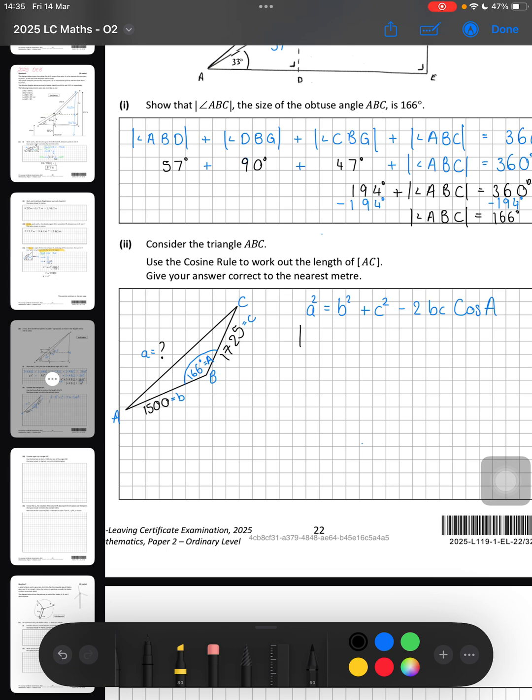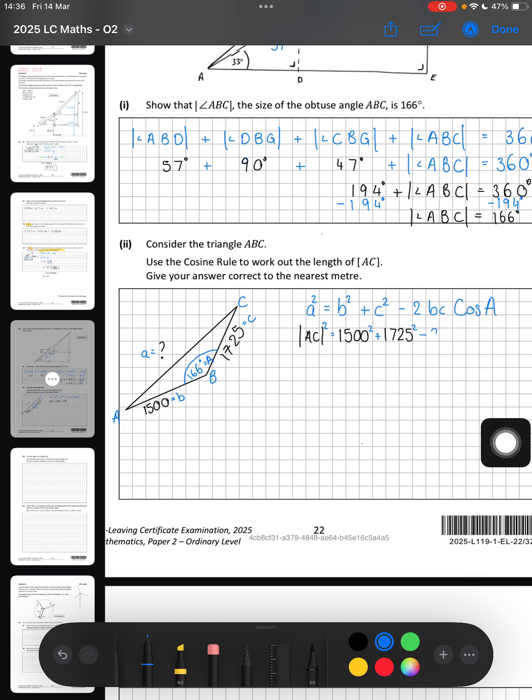So a squared, I don't know what a is, so I can leave it as a, or I can write the length from A to C, or I could call that side x, or fill in a question mark. And then for B, I am filling in 1,500. For C, I'm going to be filling in 1,725. Both of those are squared, just like they would be in the theorem of Pythagoras.